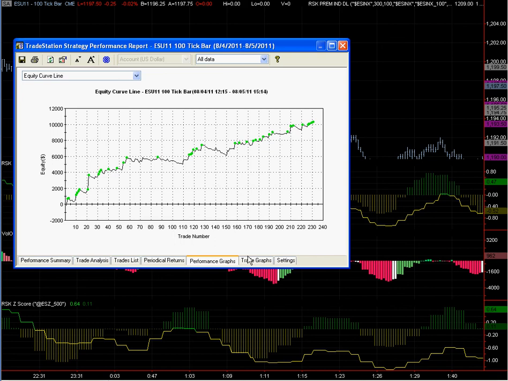So if a losing strategy can be turned into a winning strategy with the use of the auto stop feature and the hold trade feature, what would a winning strategy look like? Well, I haven't had time to apply the auto stop feature to our standard winning strategies. I just haven't had time.